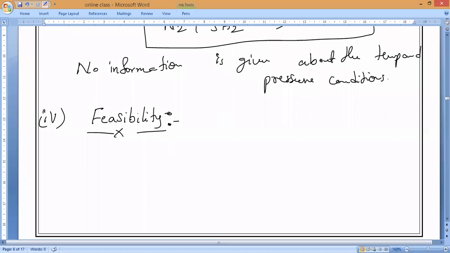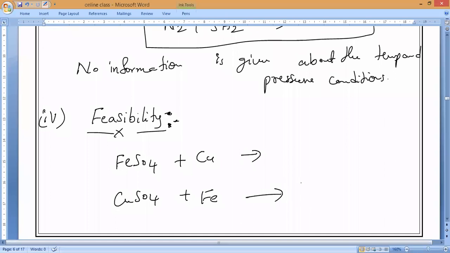Now, for example, let me take the reaction of FeSO4 plus copper will give you, next, let me take copper sulfate plus Fe. If I write the equation here, the products are FeSO4 plus copper. So here what will come, guys?